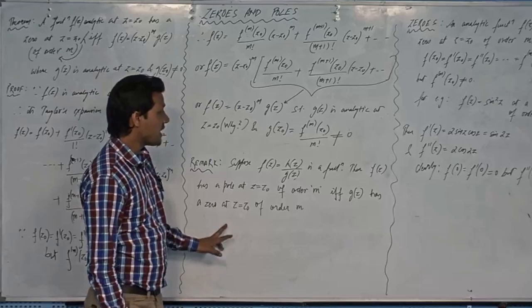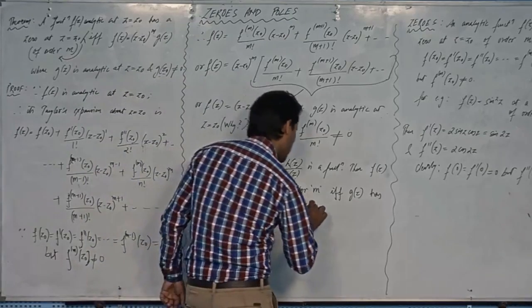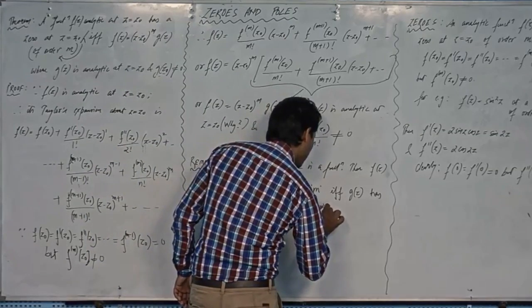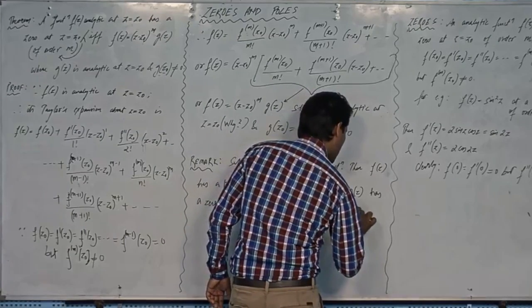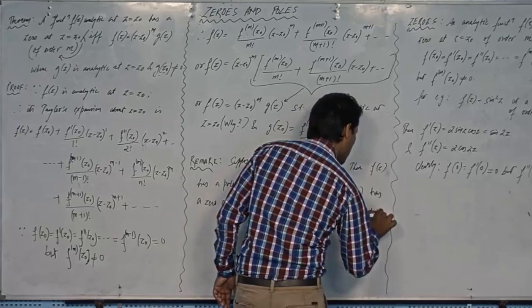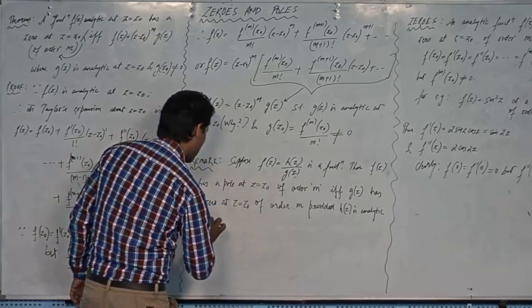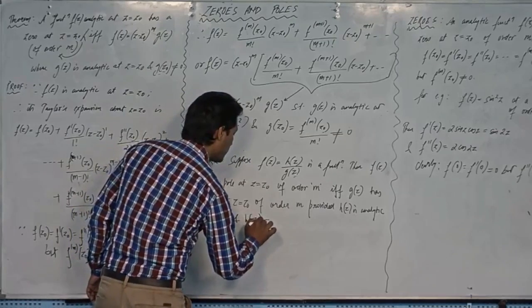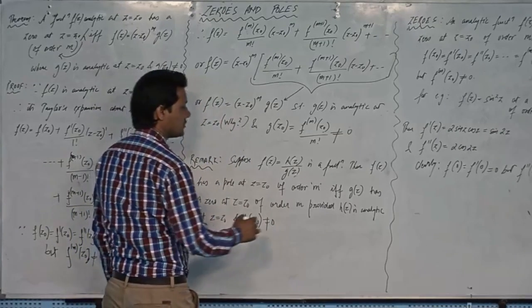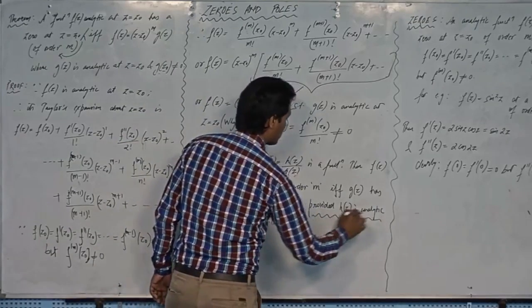You should remember that. I will write that, provided the numerator function h(z) is analytic at z equal to z naught and it is not equal to 0 at that point, right? So keep in mind this additional condition.